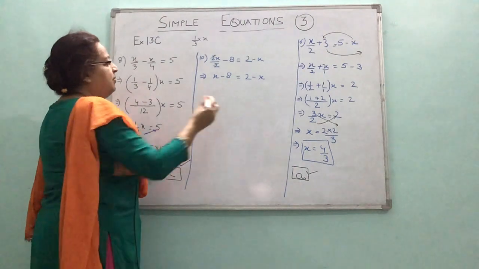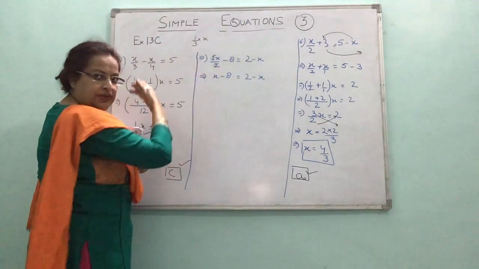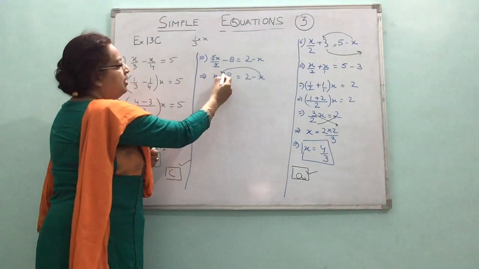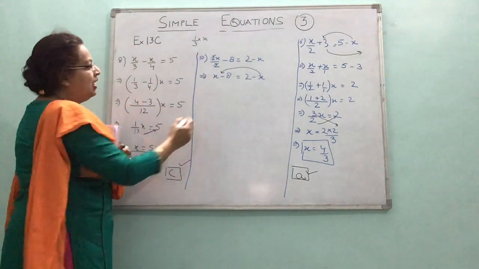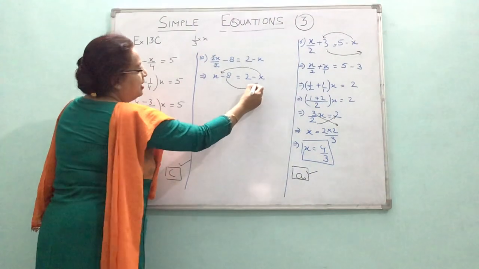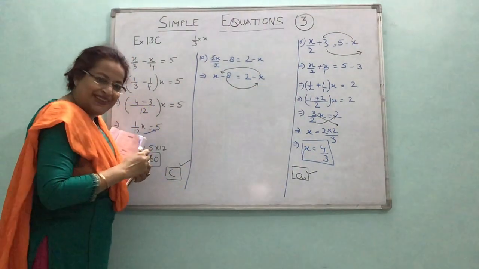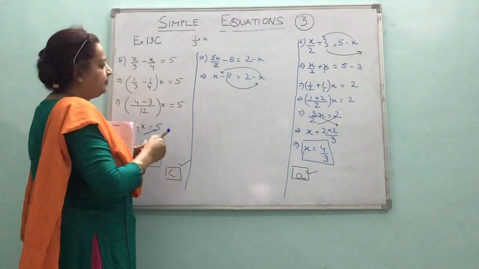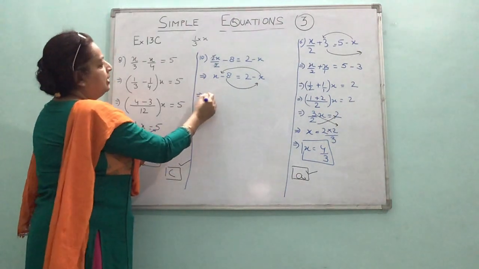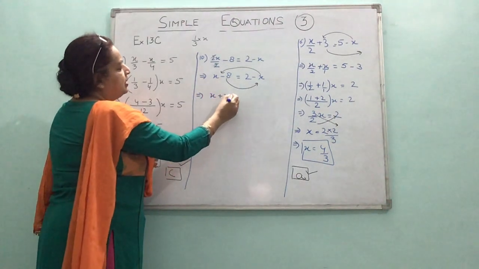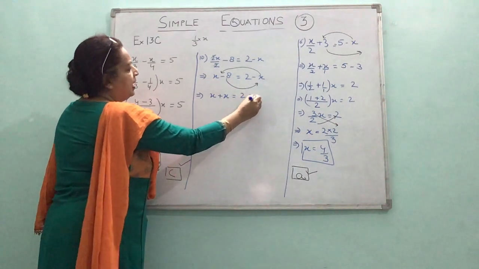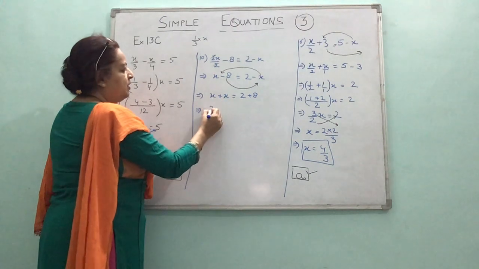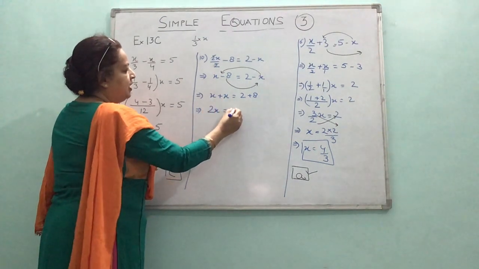Double transposition means the variable term is to be brought to this side. When you bring it to this side, it becomes positive x. And minus 8 when taken to the other side becomes plus 8. So x plus x is equal to 2 plus 8. 1x plus 1x would be 2x is equal to 10.